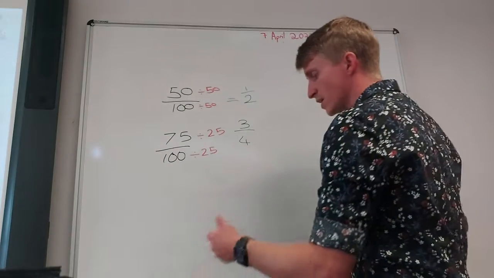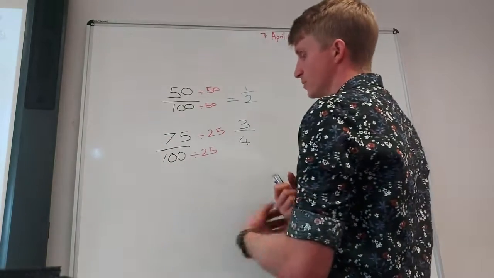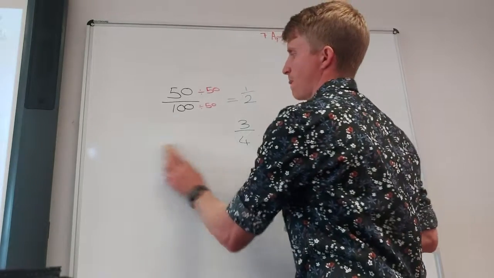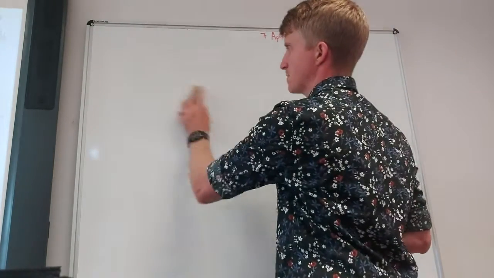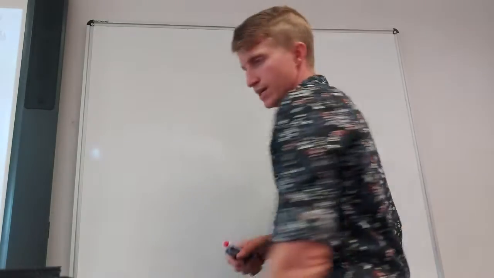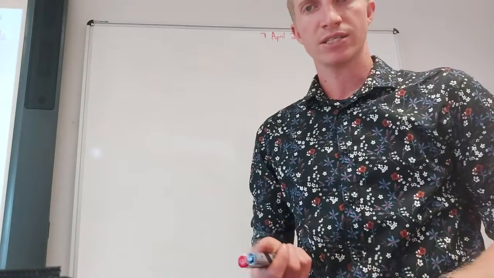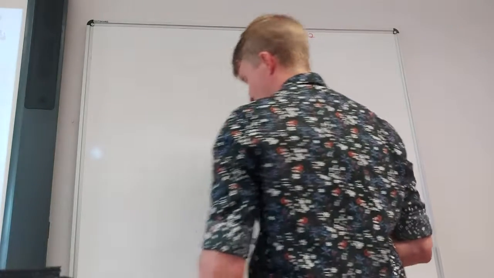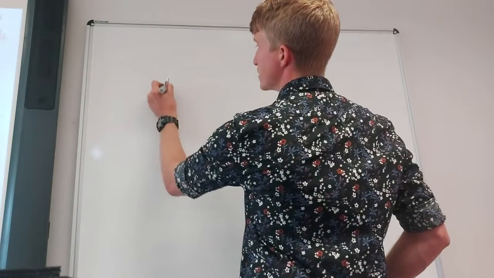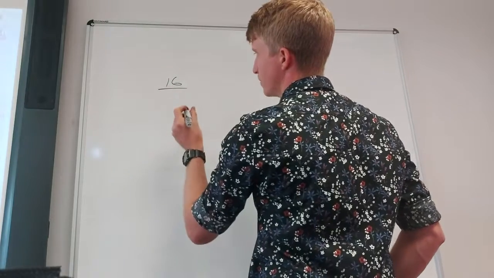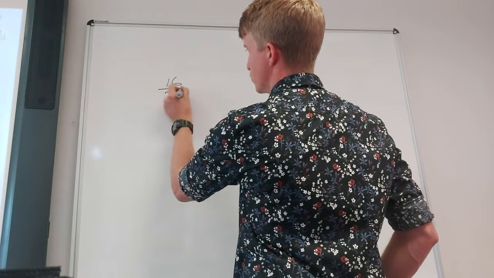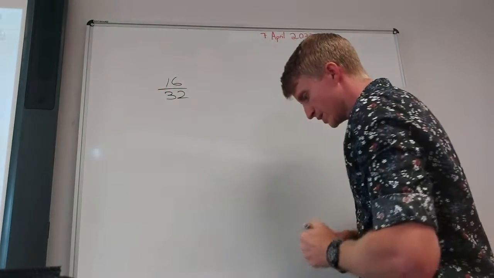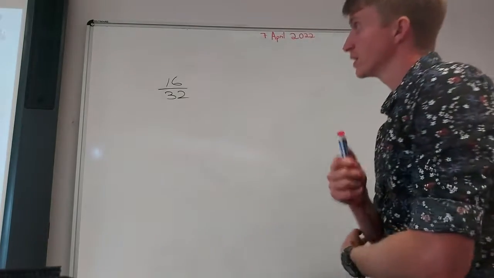Let's look at an example where we find an answer but not the simplest. So let's say 16 over 32.